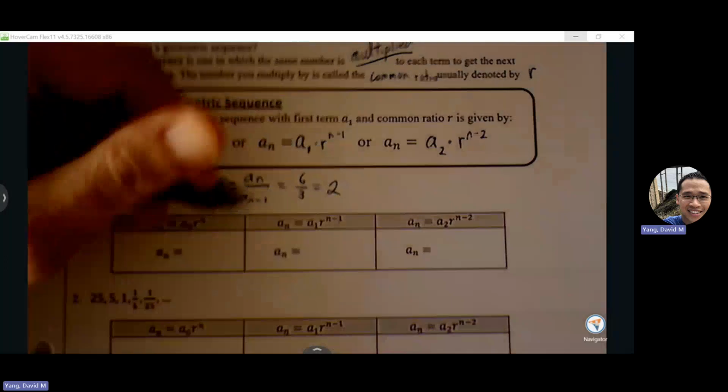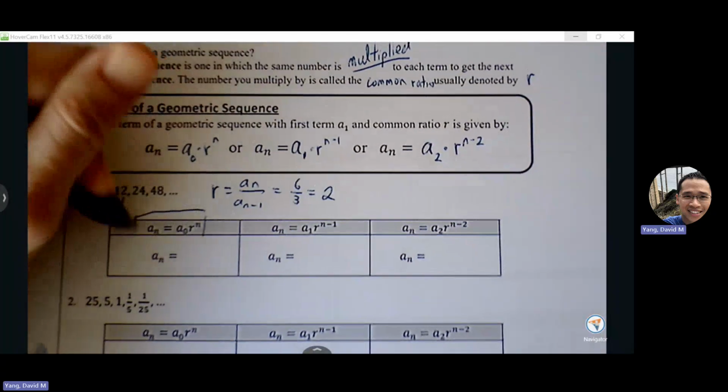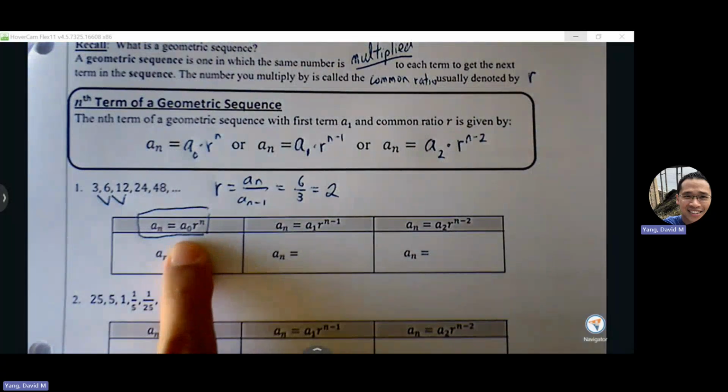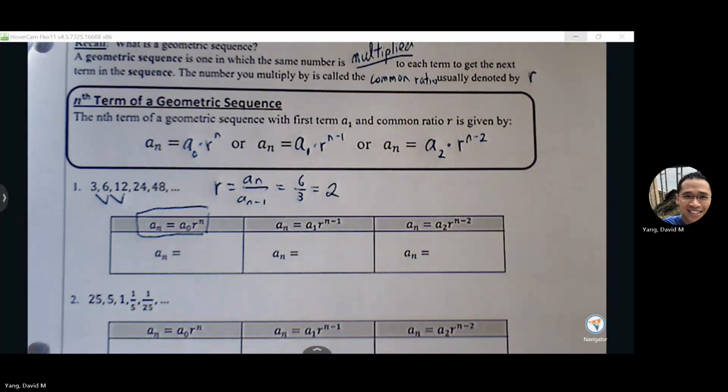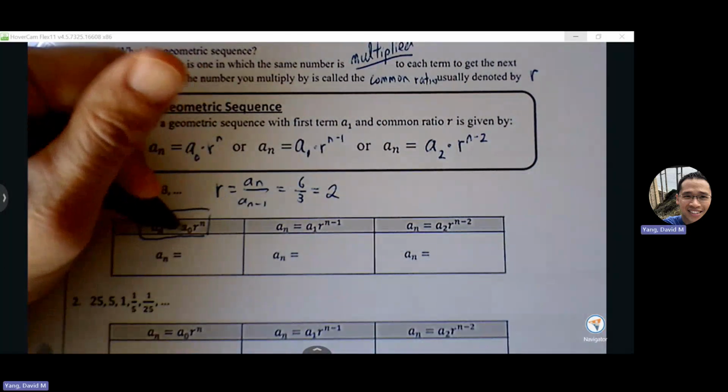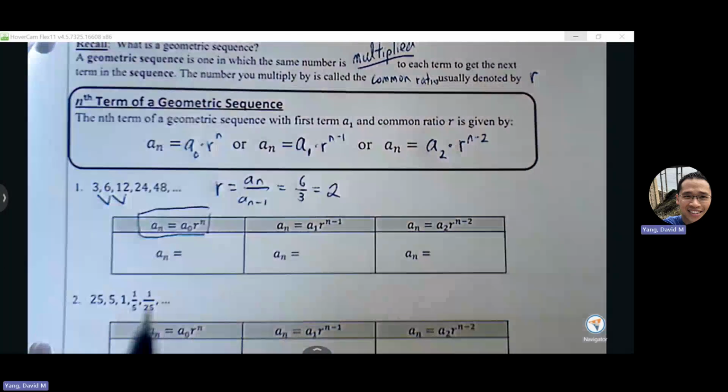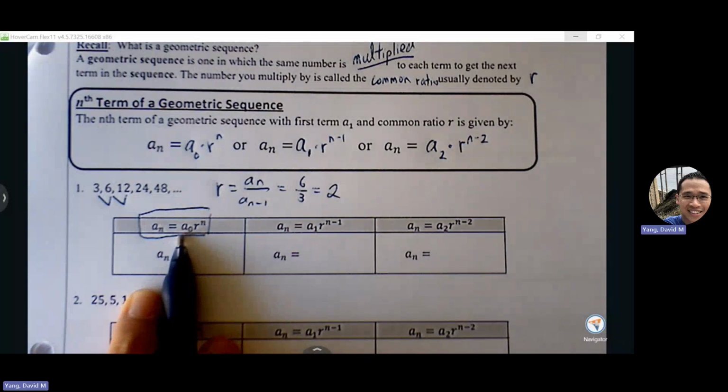The one we're going to use most often is this one, where a sub 0 just represents the initial term, times the ratio to the nth power. I'm sorry, this is the previous one, the one before the first term.